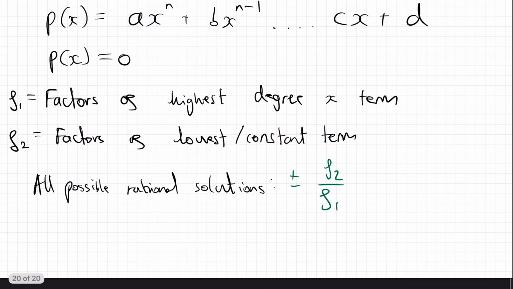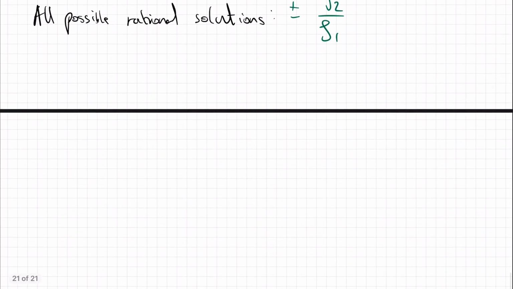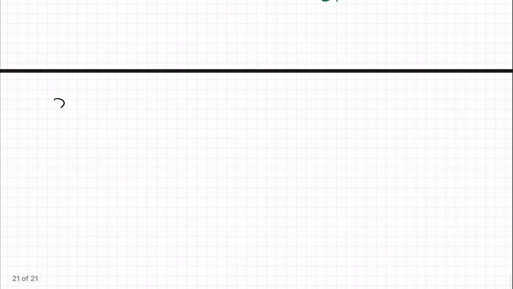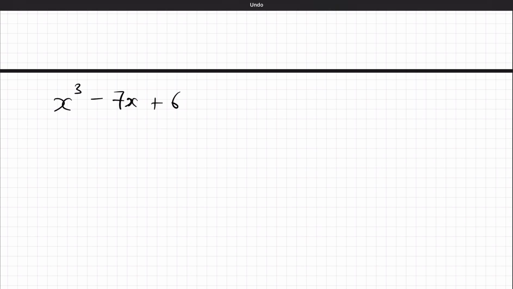So now I'm going to show you guys how to use it in practice, and some high degree polynomials which we're going to solve using this. So first of all, let's start with a polynomial, let's say x cubed minus 7x plus 6. Let's just say that, okay?